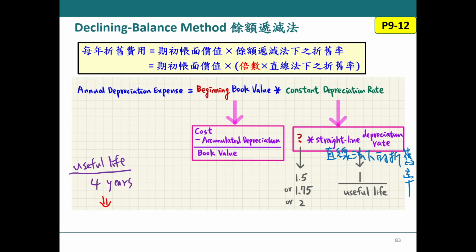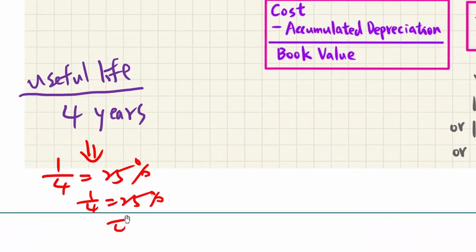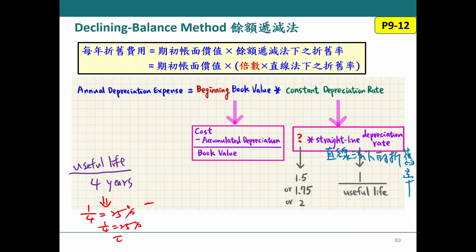So each year, how many percentage does your value decrease? Divided by 4, right? So you got 25%. So first year, 25%. Second year, 25%. Third year, 25%. Last year, 25%, right? So that's when useful life is 4 years. So we divide it by 4. Each year, your value decreases 25%.